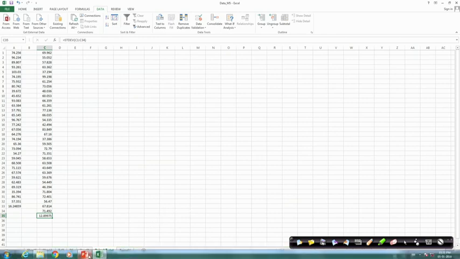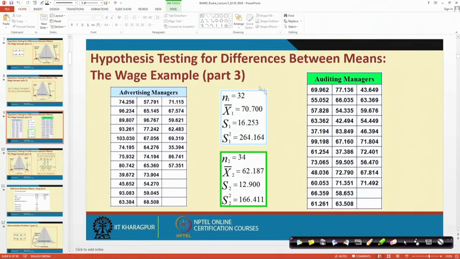Then again if you go to this sample summary, it is matching. That means from this series you have to calculate the mean of the series, the variance of the series, and then the sample size, that is n equal to 32.